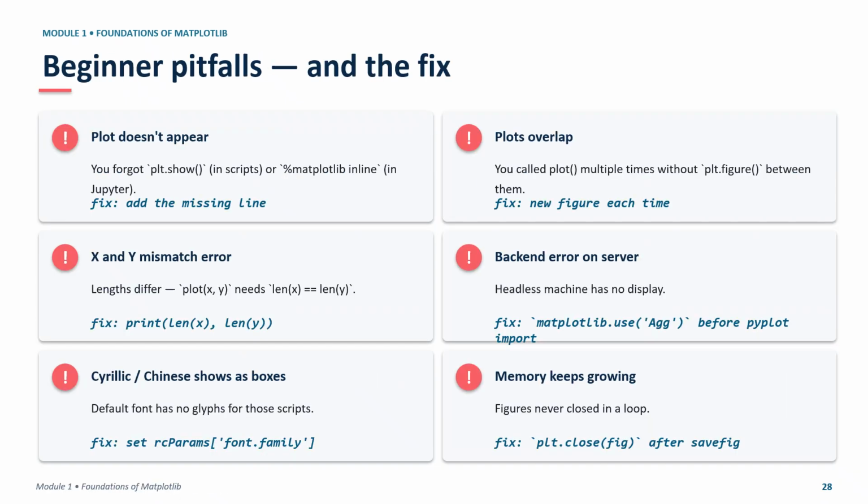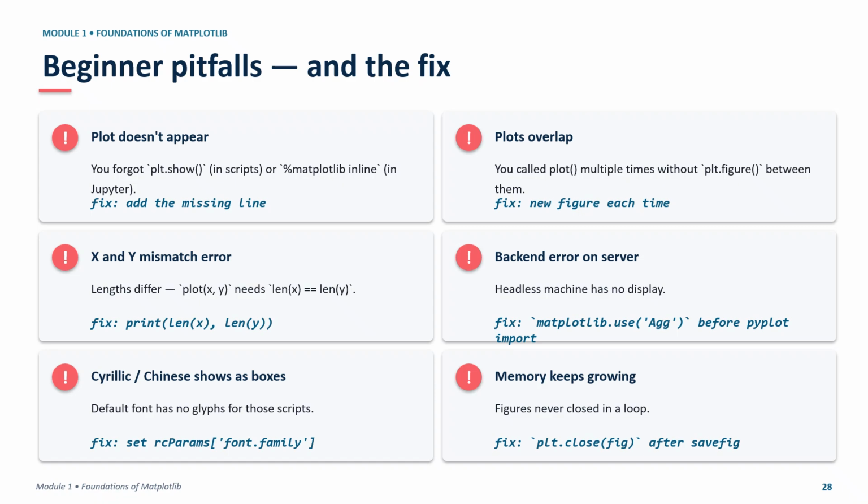So these are some of the beginner's pitfalls, and you can fix them. Say the plot does not appear, then you might have forgotten to include plt.show() in your script, so you can add the missing line. If plots overlap, then you can add plot calls multiple times, using plt.figure() between them, so that each new figure appears one after the other.